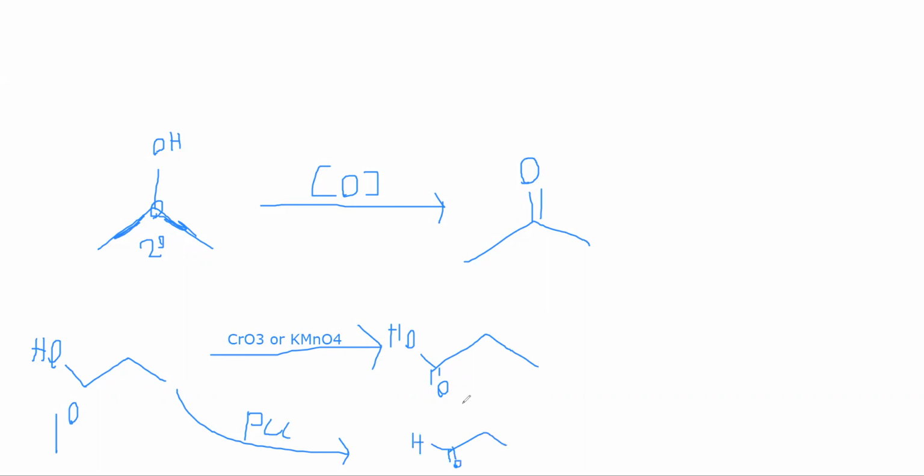So it depends what you're going for, which one you decide to use, but no matter what you use on a secondary alcohol, we'll get a ketone. And if you have a tertiary alcohol and you try to oxidize it with anything, at least as far as this class is concerned, nothing happens. So you can't oxidize a tertiary alcohol.